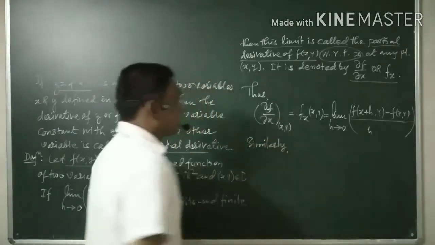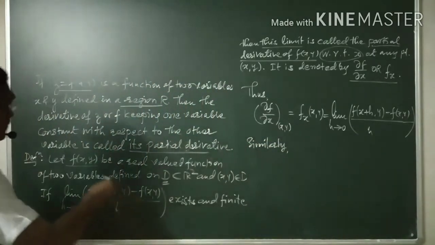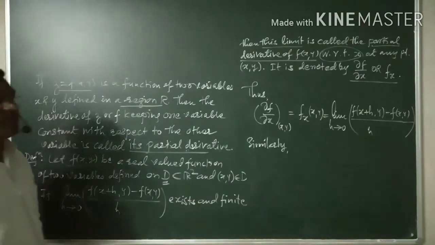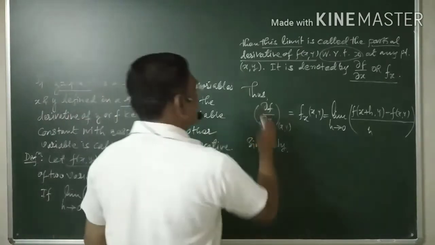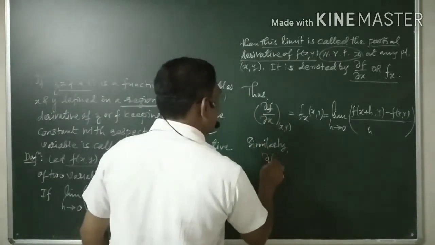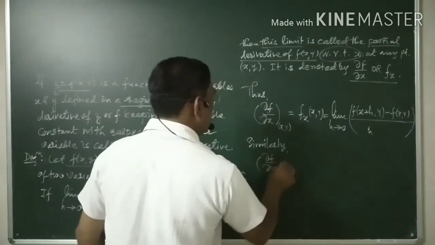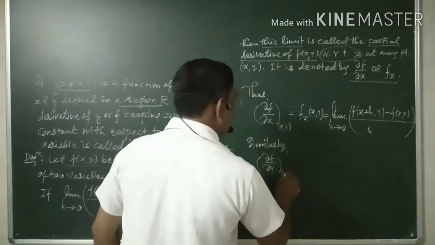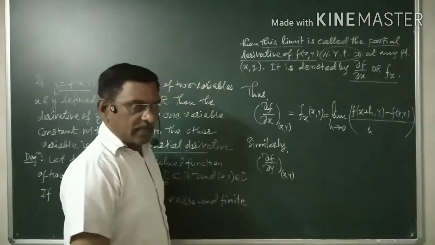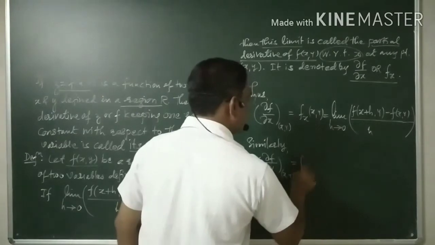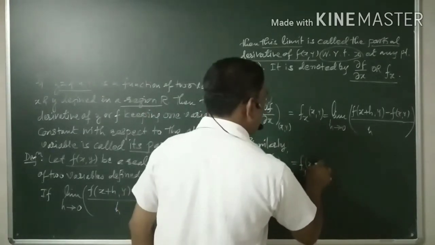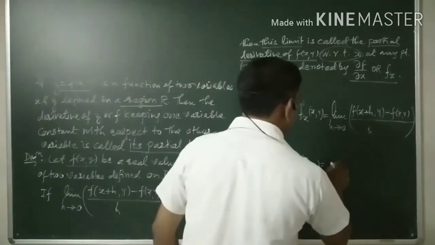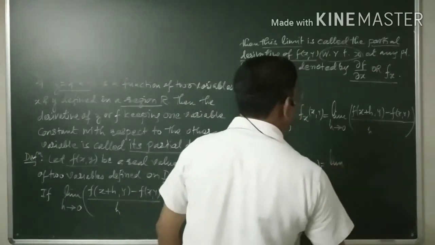Similarly, as f is a function of two variables, with respect to y you need to differentiate f. Its notation is delta f by delta y at any point x y, and another notation is f suffix y at point x y, which is equal to the limit.